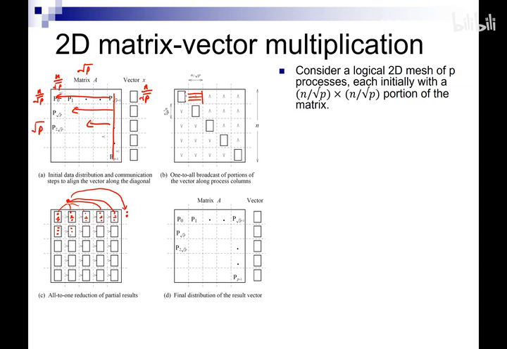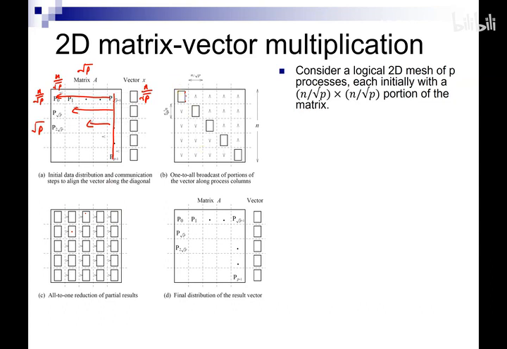And so on. So the steps that we have so far are, first of all, we take this x and distribute it to the diagonal processes. Then in part B over here, the diagonal processes do these broadcasts.